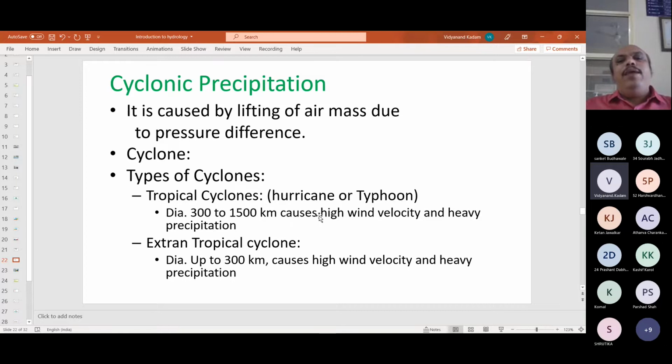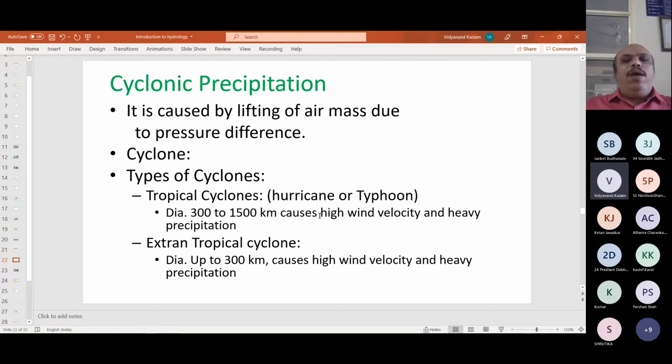A low pressure belt is created, and when this low pressure is concentrated at a point, wind starts flowing from all directions towards that low pressure point, and due to that the cyclone is formed. This cyclone results in lifting of air masses, and due to that precipitation takes place. It is known as cyclonic precipitation.